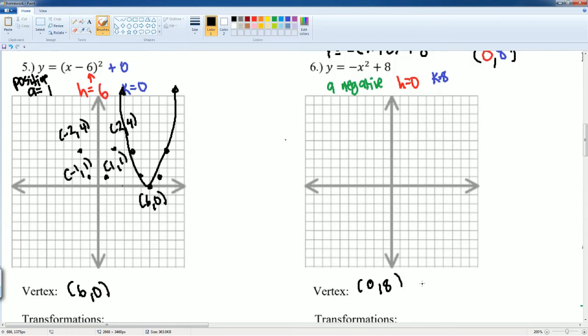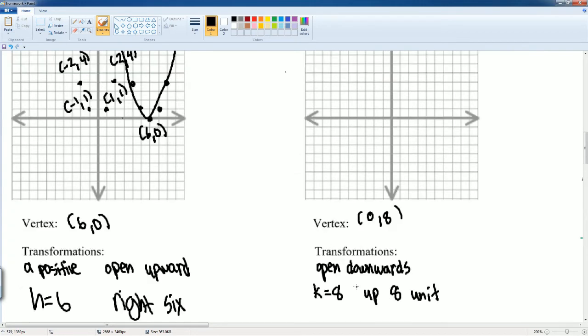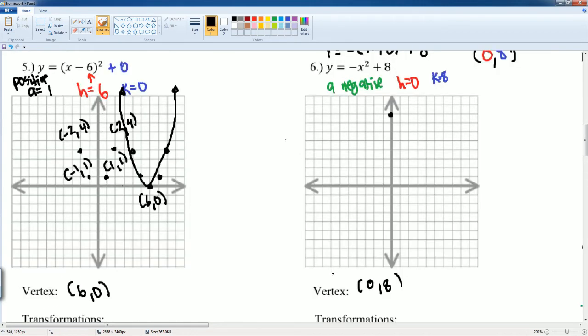All right. So again, our original points, (0, 0), (1, 1), (-1, 1), (2, 4), and (-2, 4). Those were our original points. Now, it moved up. So it goes 1, 2, 3, 4, 5, 6, 7, 8. Now remember, it opens downwards, so it doesn't go up like this.